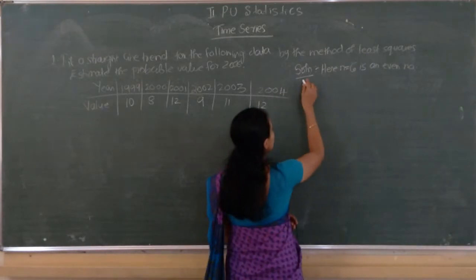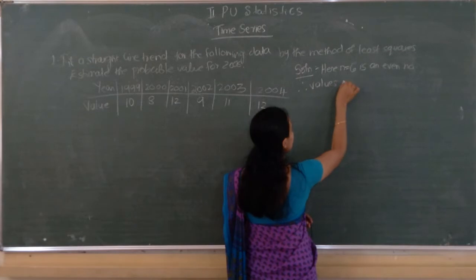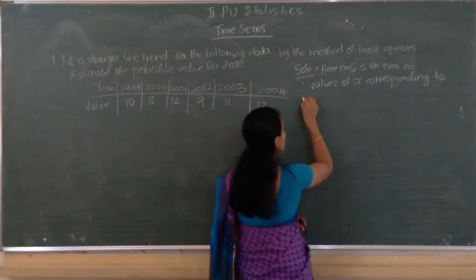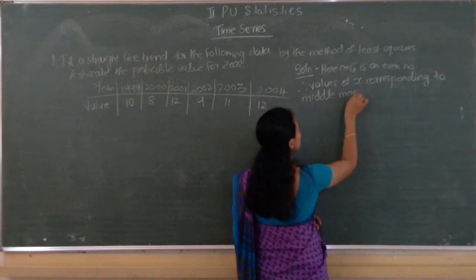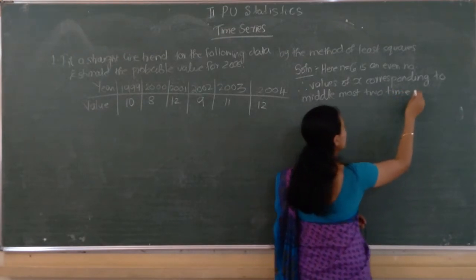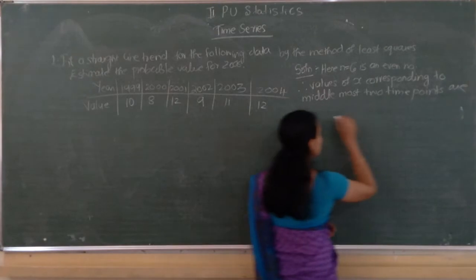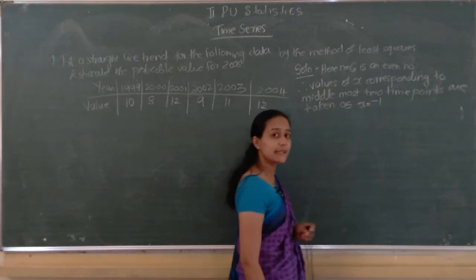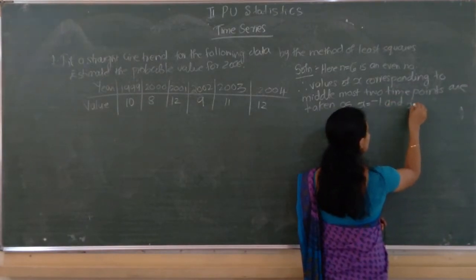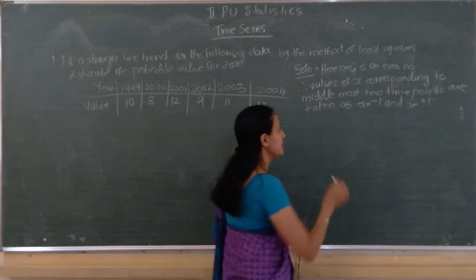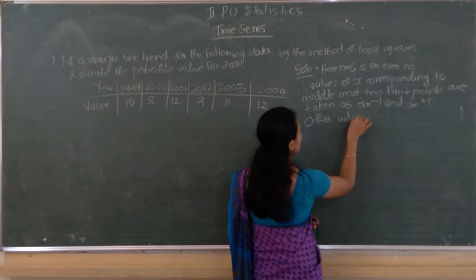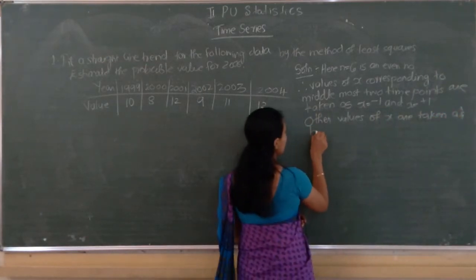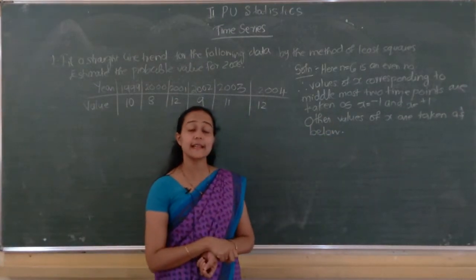Therefore the values of x corresponding to the middlemost two time points are taken as x equal to minus 1 and x equal to plus 1. Other values of x are taken as below.